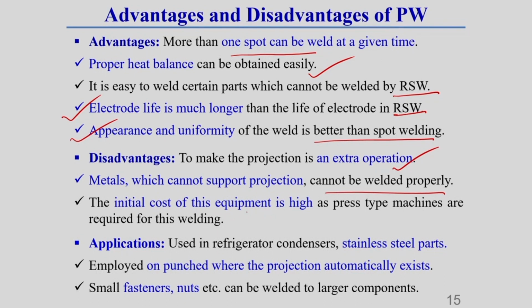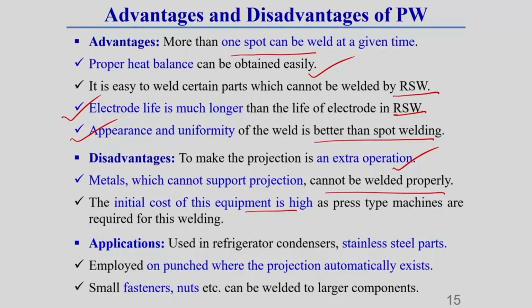The initial cost of the equipment is comparatively higher, as a press type of machine is required, because during the welding process, once the projection location is sufficiently heated, at that time we have to apply some pressure. That is why equipment with a press type of machine is required for this welding operation.